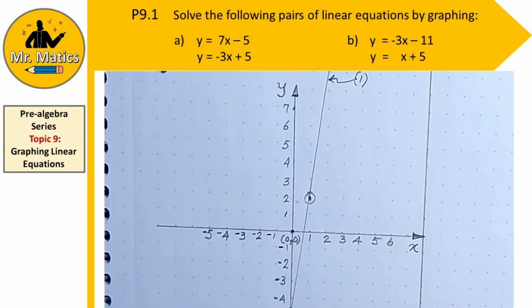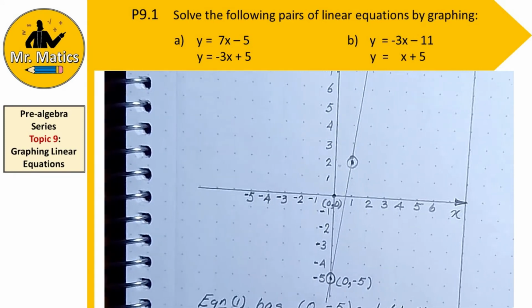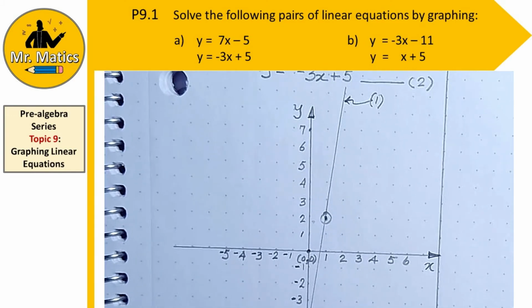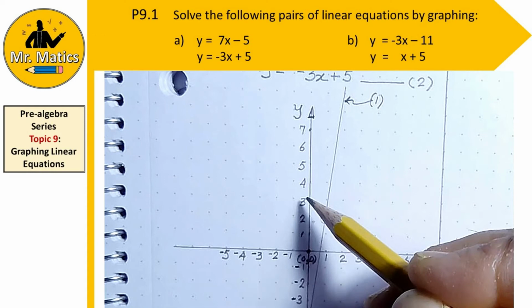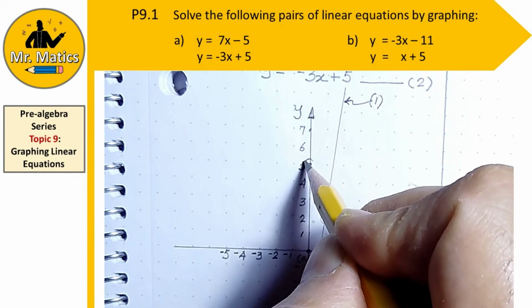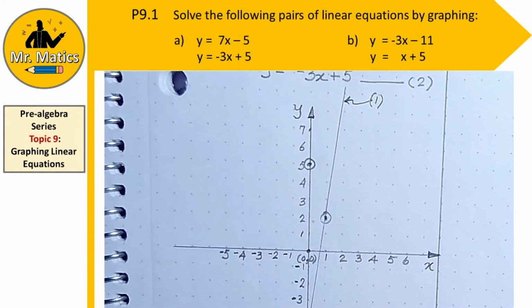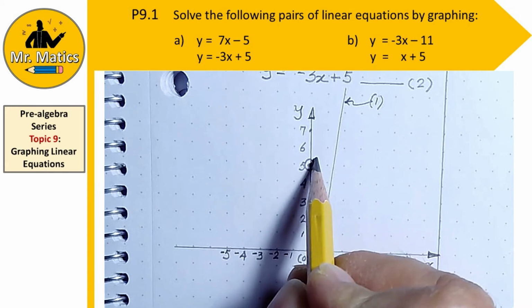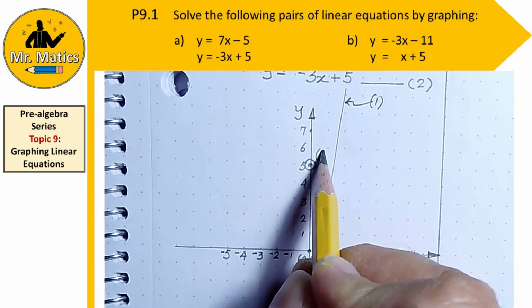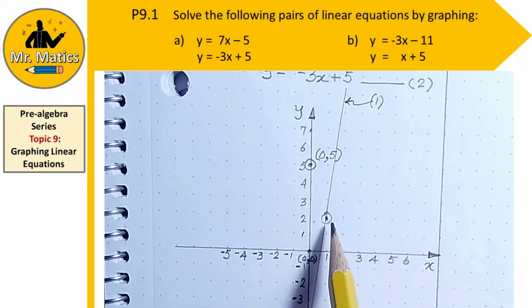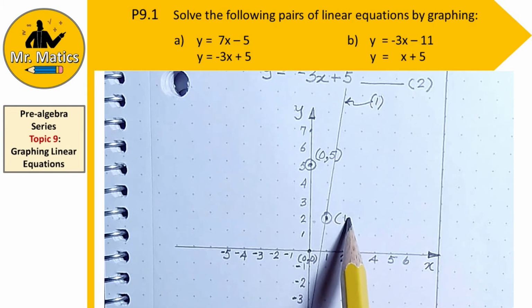So let's see. The first point is 0, +5 this time. So 0 will again be this line, and +5 will be this dot. So this is 0, 5. We didn't put any notation here. It should be 1, 2.